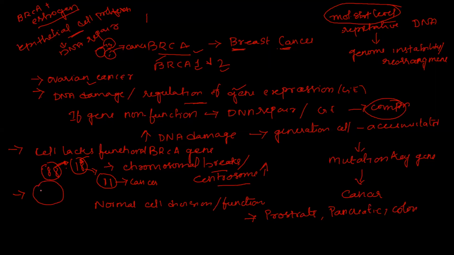If you take the normal case, and this is the inherited case, it needs two mutations to occur, plus they should occur in the same cell. So comparatively, the probability of this cell becoming a tumor cell will be less compared to the one in this case, right?